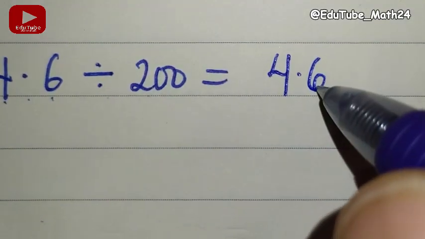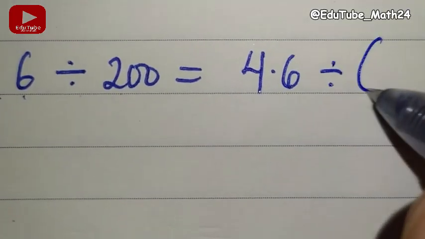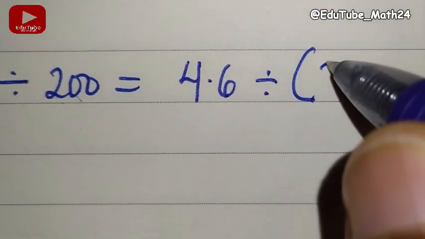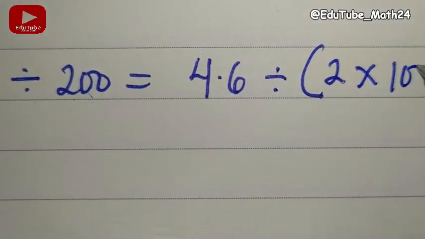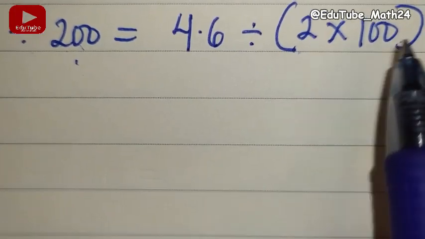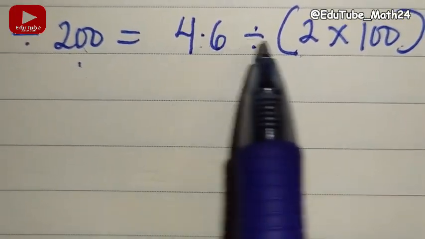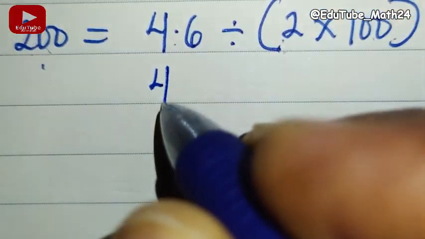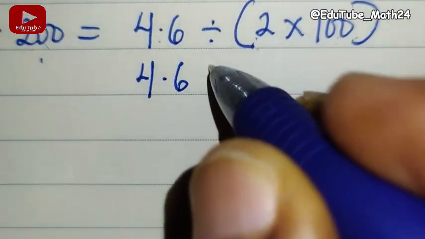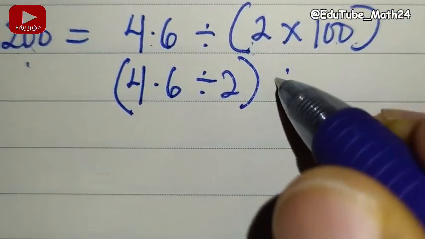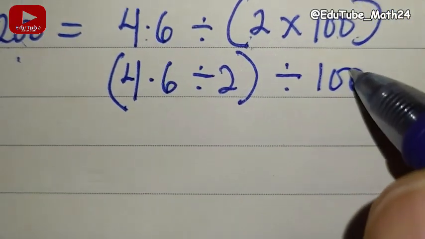So we'll say 4.6 divided by open bracket, now we expand this number, which means that we can do 2 times 100, which will still give us 200. Now expanding this number will mean that we are going to divide 4.6 by 2 and then divide by 100. So I'm going to write 4.6 divided by 2, I'm going to open and close the bracket, then divided by 100.